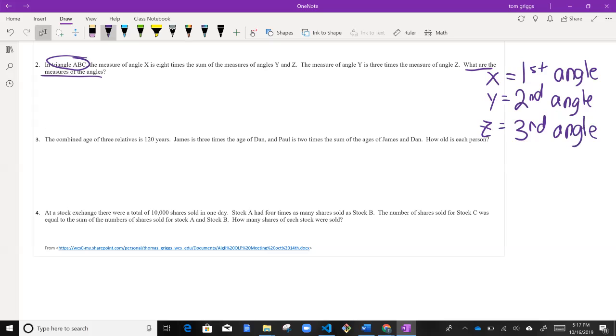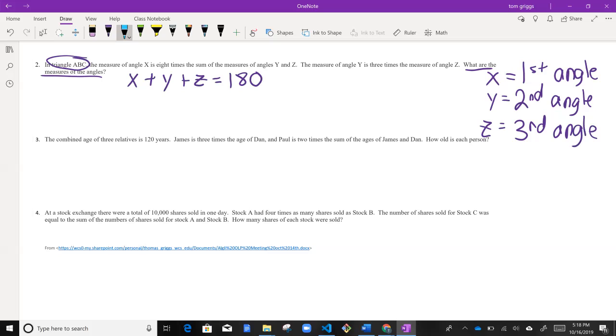So like we said earlier, there's always a total or sum equation. So our sum equation in this problem, this information isn't actually provided in the setup, but we know the three angles of a triangle add up to 180. So there's our sum equation.